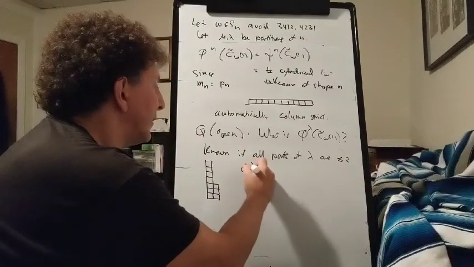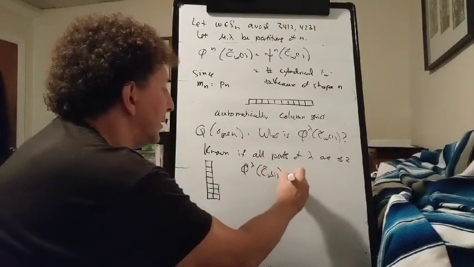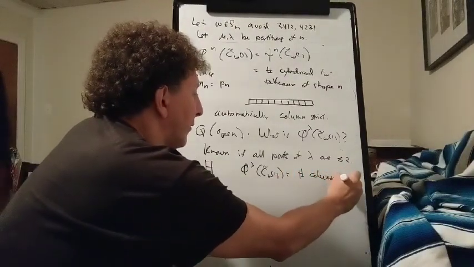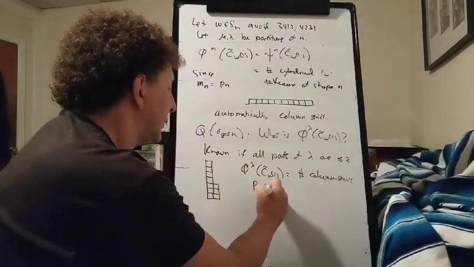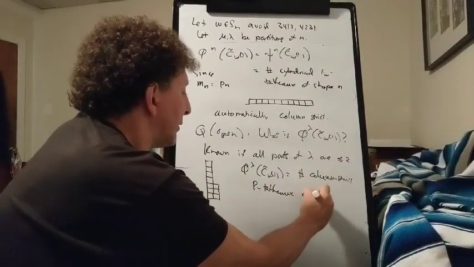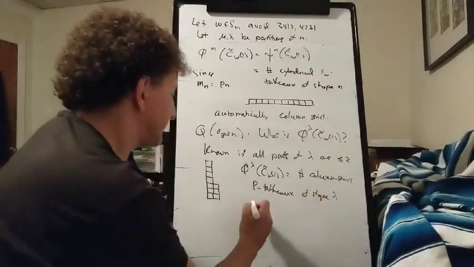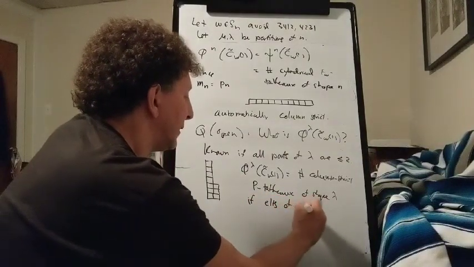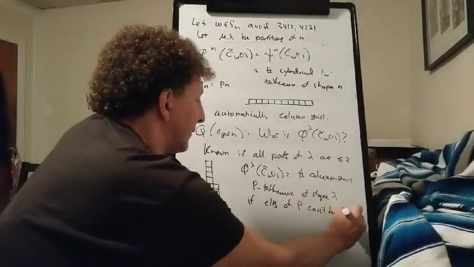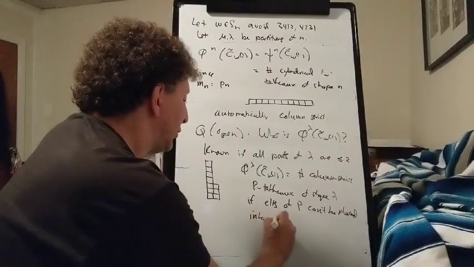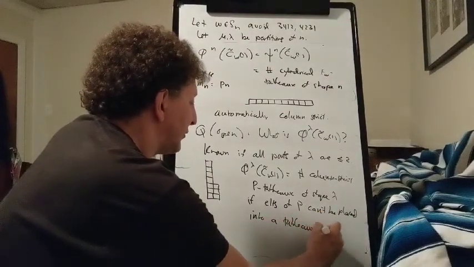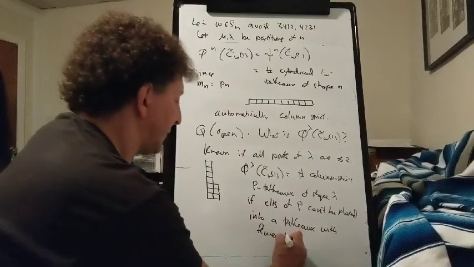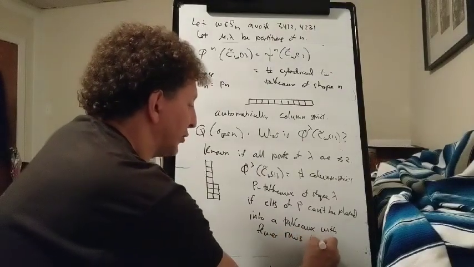And then phi^lambda of C_w is the number of column strict P-tableaux of shape lambda if the elements of P can't be placed into a tableau with fewer 2's, with fewer rows having 2 boxes.